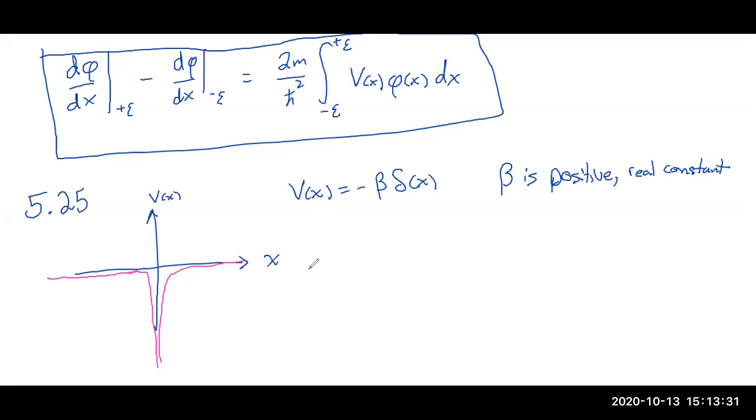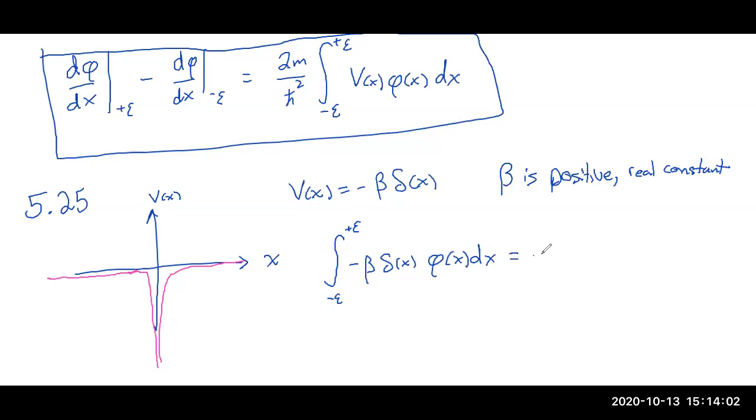So what I'm going to do is apply this to my conditions so I can figure out what the conditions need to be. So let's look at integrating from minus epsilon to plus epsilon, v of x, which is minus beta delta of x, phi of x dx.